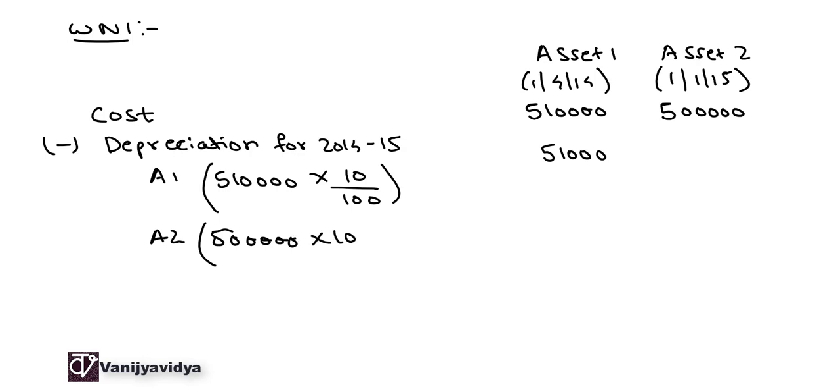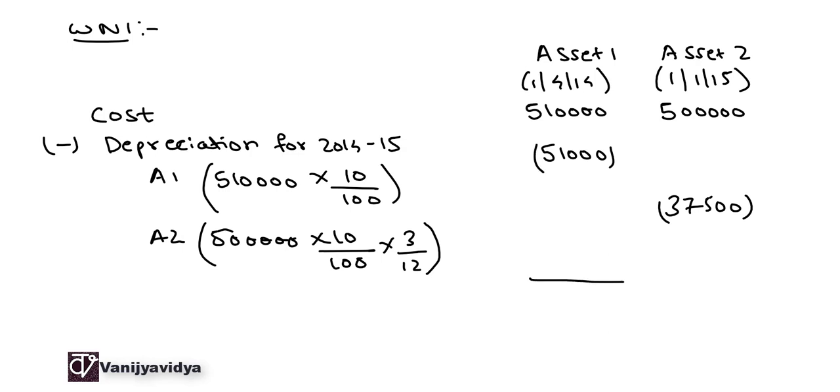And asset 2 depreciation is 5 lakh into 10%. Now this asset 2 was purchased on 1st Jan 2015. So for year 14-15 this asset was used only for 3 months. So we have to calculate depreciation proportionately for 3 months. That comes to 37,500.